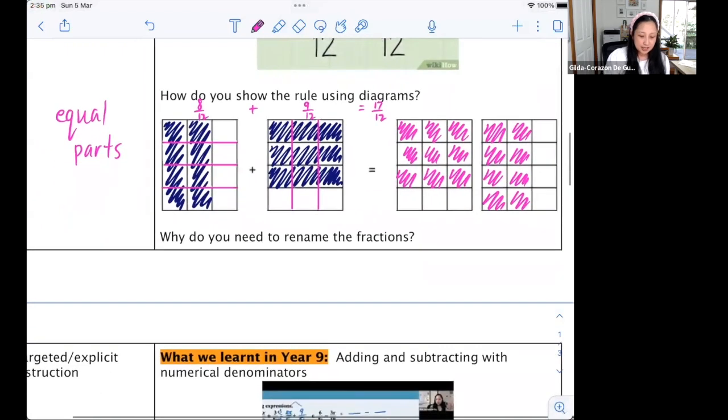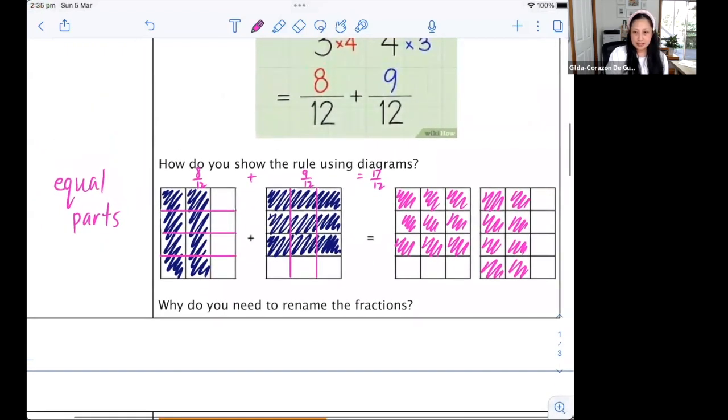My question there is, why do you need to rename fractions? We've used this term before, especially when we were talking about fractions, decimals, and percentages. And we said that they are really just renaming these numbers, or writing them in different ways. Maybe you didn't realize that you've been doing that since you were in primary, and that's something really powerful.